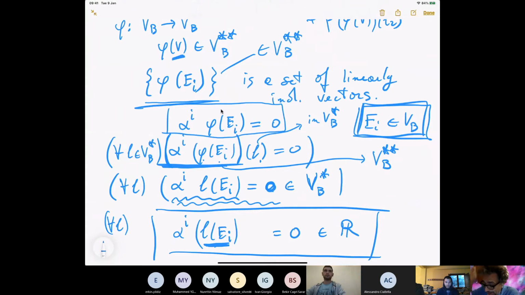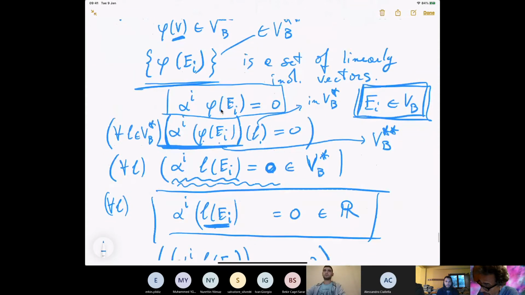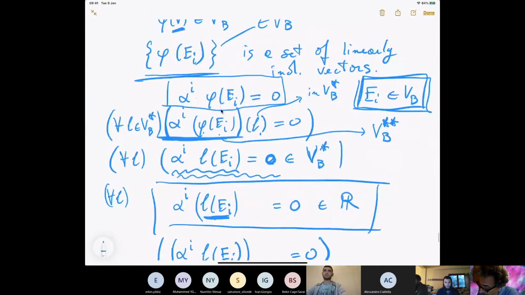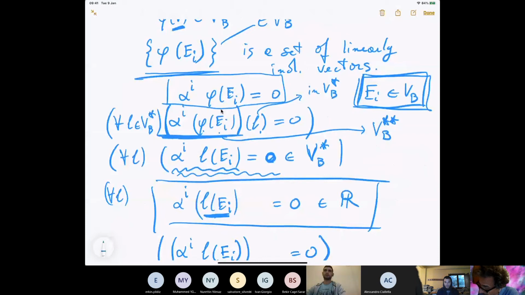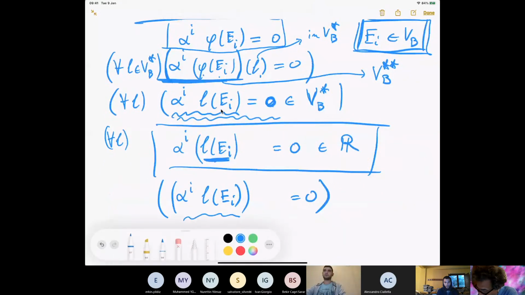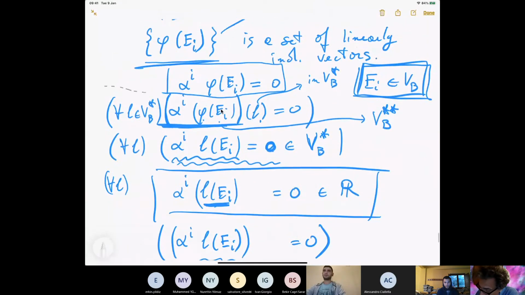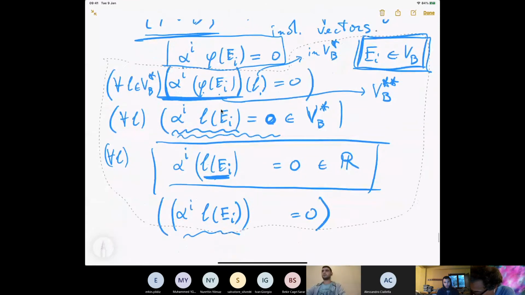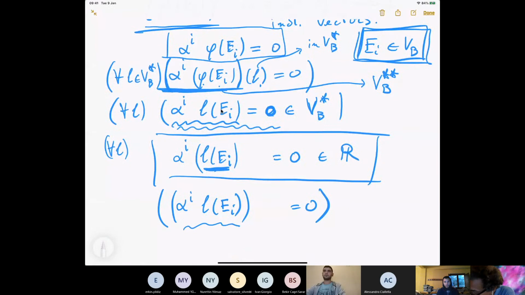Alpha I phi E I is equal to 0. This formula is becoming very crowded. This 0 is an element. I try to move this down. Okay, very difficult to do.